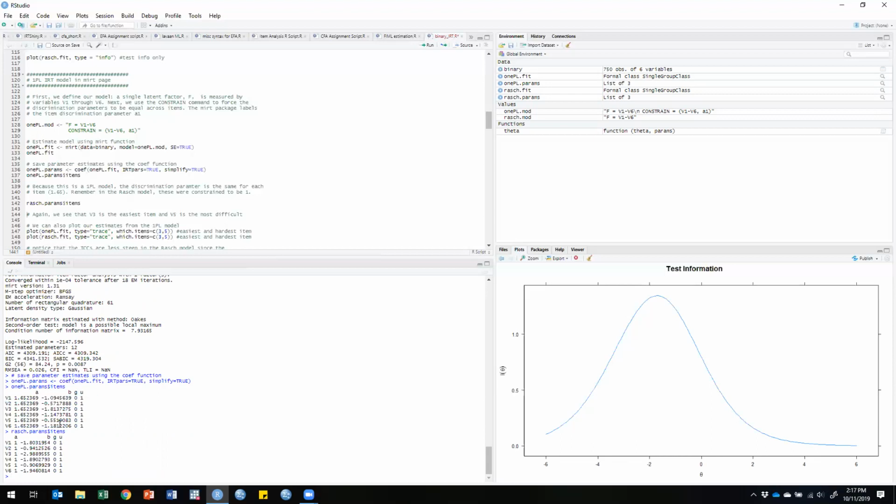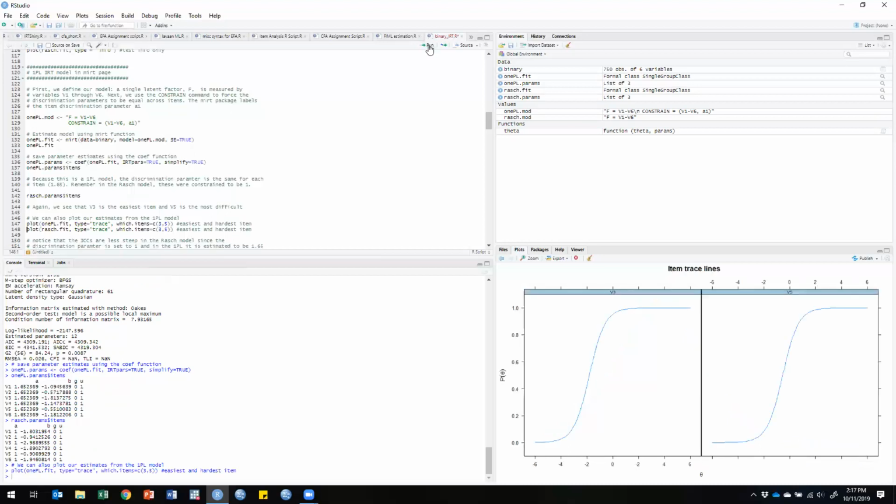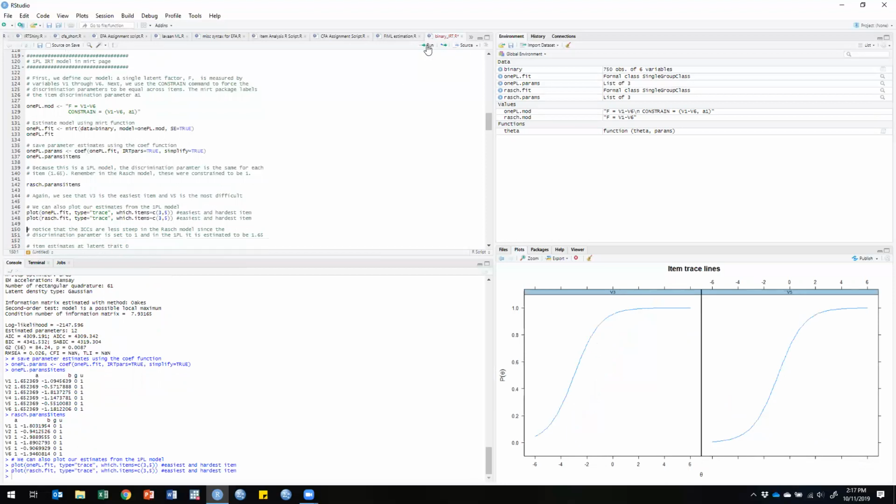If we look here, question 5 is the most difficult. Question 3 is the easiest. That's the same thing we found in the RASH model. It's different because notice when we plot these functions that the slopes of the lines differ.